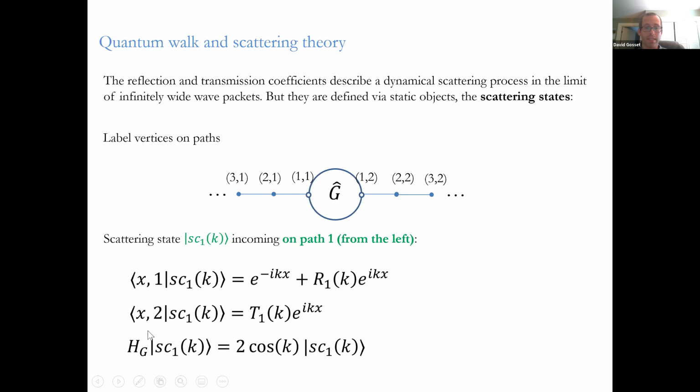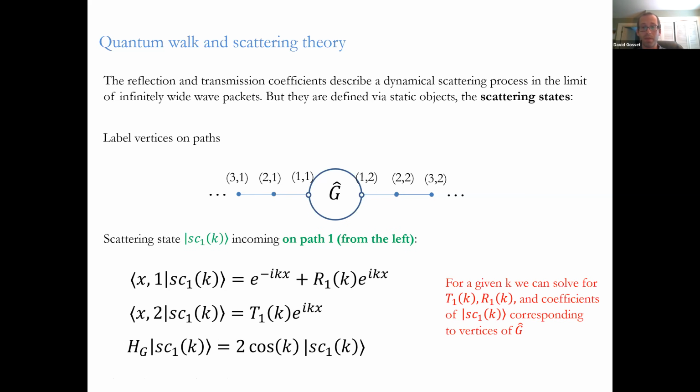And so then this last equation ensures that it also is satisfied at all of the other vertices of G hat. So we can just solve this set of equations for T1 of K, R1 of K, and the amplitudes of the scattering state inside G hat. And there is always a solution.